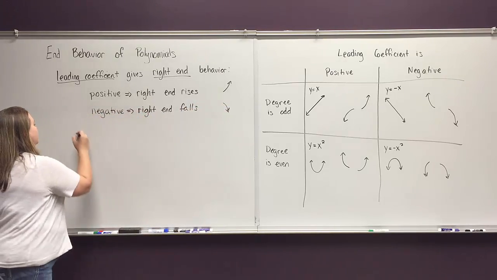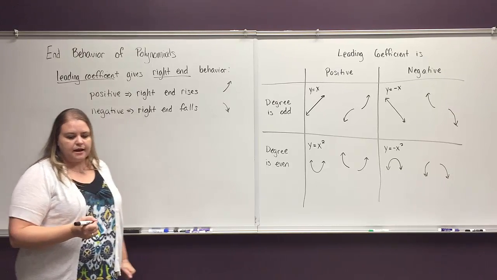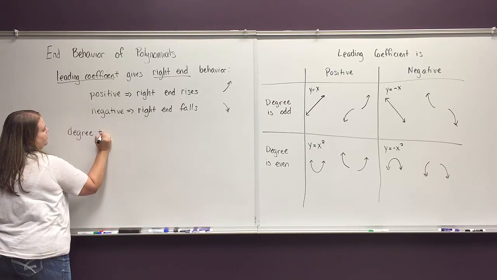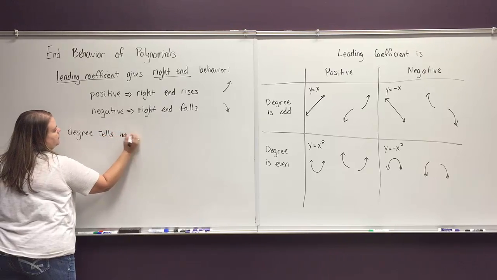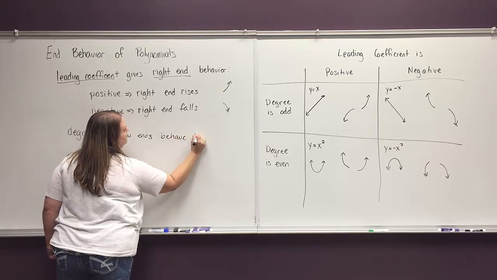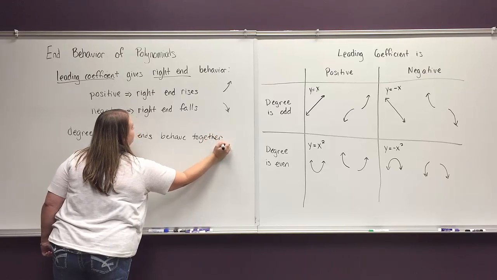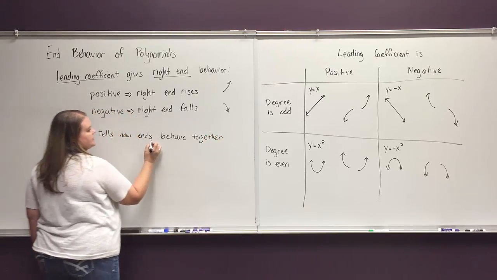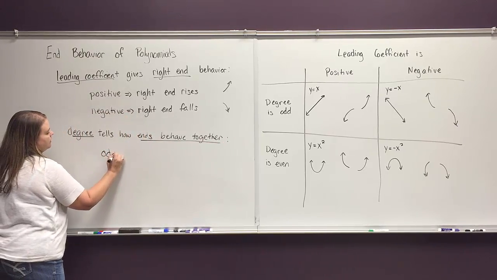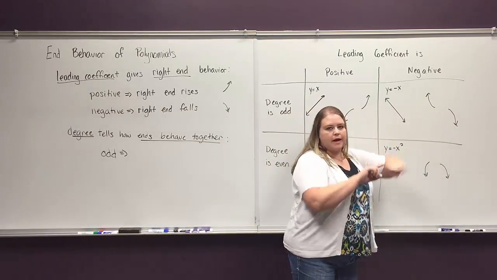And then the degree tells us how the ends behave together. So if the degree is odd, notice in both cases when the degree is odd, my ends are doing opposite things.